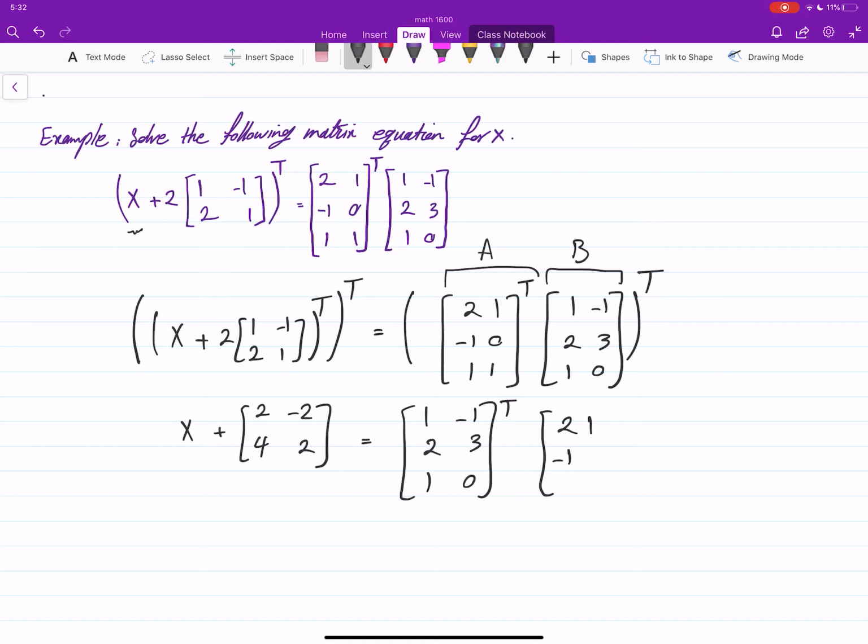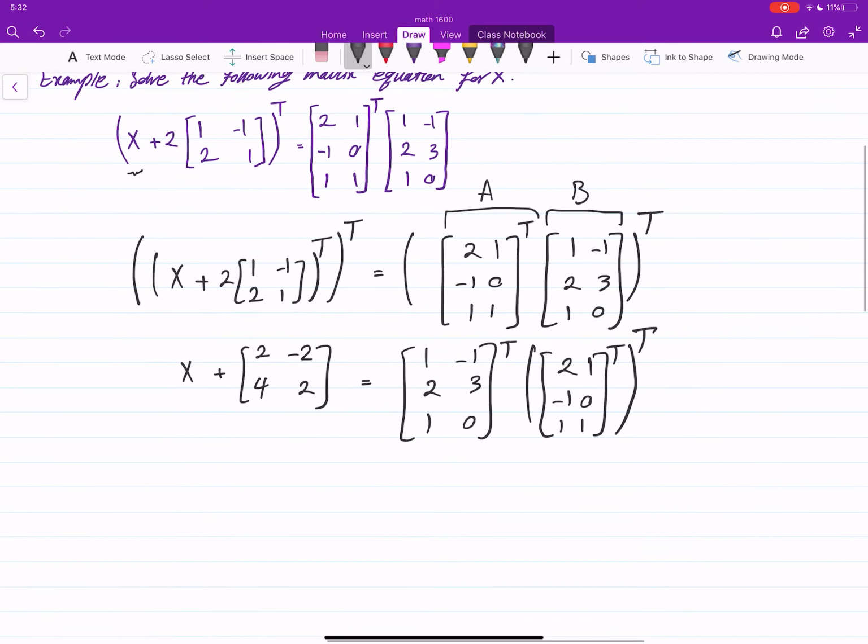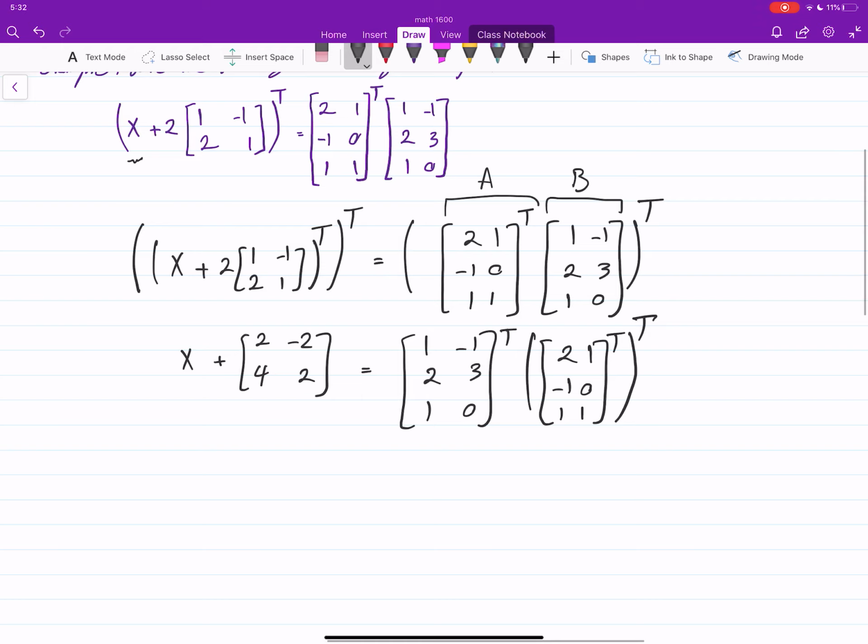But A itself had a transpose here, as I defined it. Now, the transpose of the transpose, this guy, is equal to 1, negative 1, 2, 3, 1, 0. Transpose of transpose is the original matrix, which is this guy here.